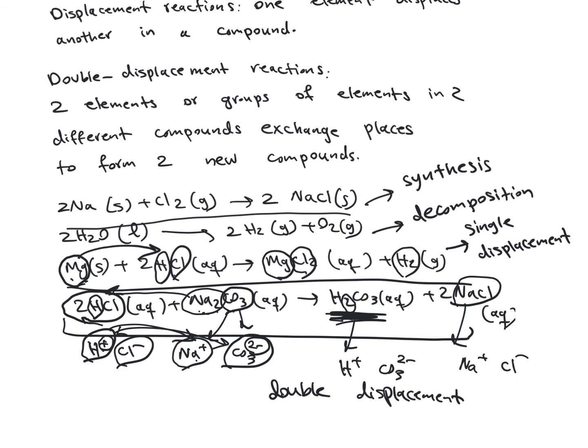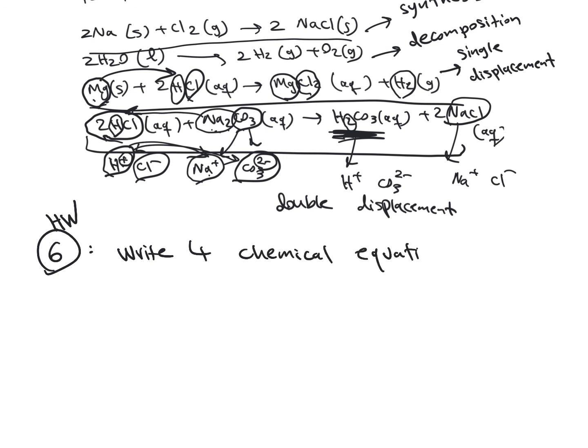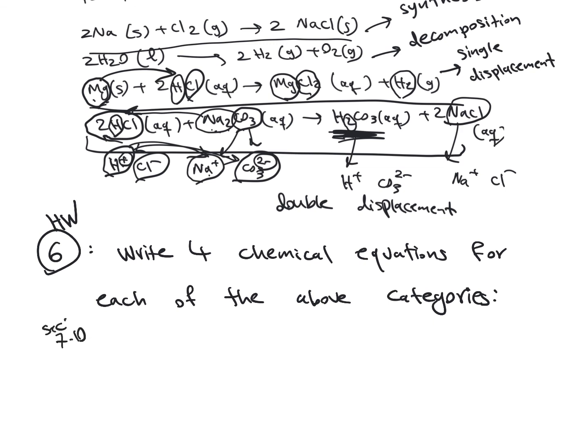And if you go to your book, for each of these types of reactions, it has so many examples. So this is finally your 6th homework problem. Write 4 chemical equations for each of the above categories. And if you just go to your book, section 7.10, it has several examples for each of these types of equations.